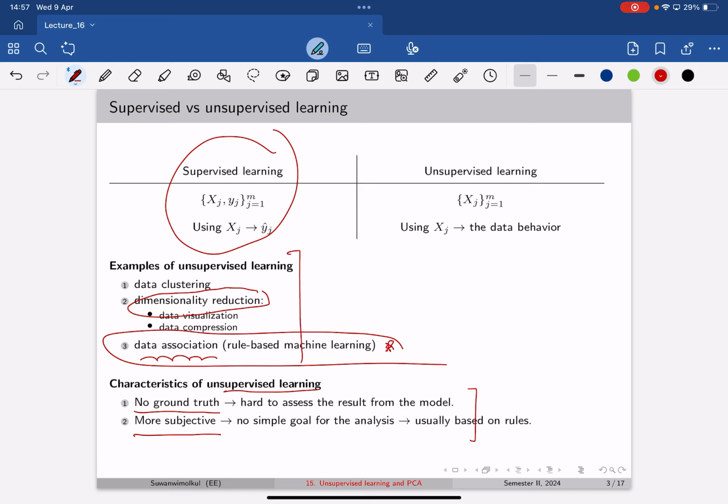But in the case of unsupervised learning, you care about your context. You care about whether or not you're doing clustering. If you do clustering, that means your target is going to be different from dimensionality reduction. Even though the underlying concepts and techniques of data clustering, dimensionality reduction, and data association are all using feature vector properties like the feature distance, the feature correlation, and the orthogonality. So usually they use these three properties of the feature, but their products are different.